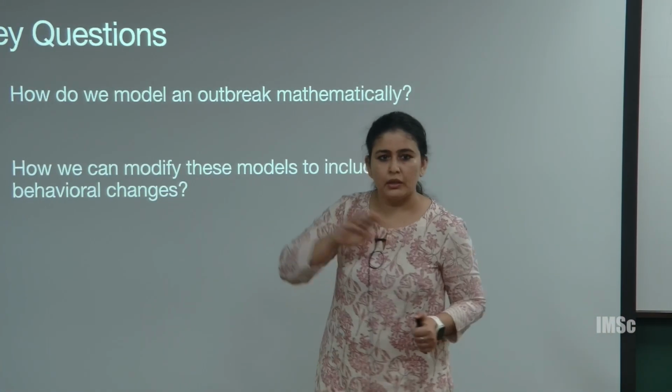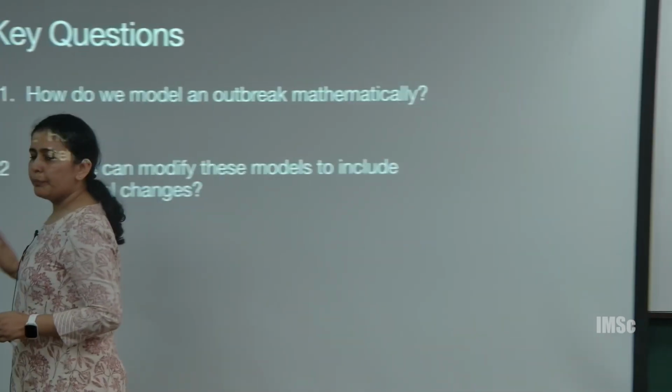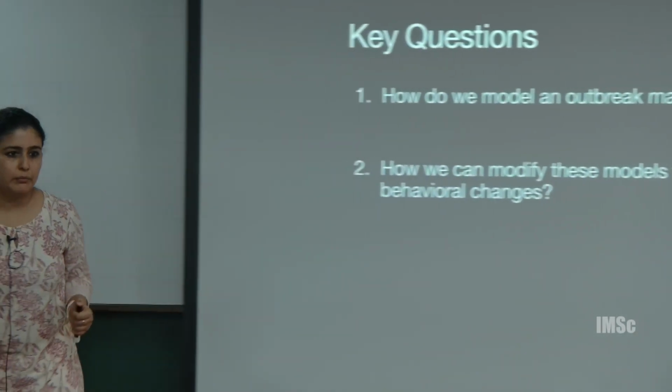So R naught is a constant and the effective reproduction number is actually a variable of time. Our focus here, when we are talking about behavioral changes, is that they are essentially targeted towards reducing this effective reproduction number, so that the disease will go down, the curve will flatten, and so on.